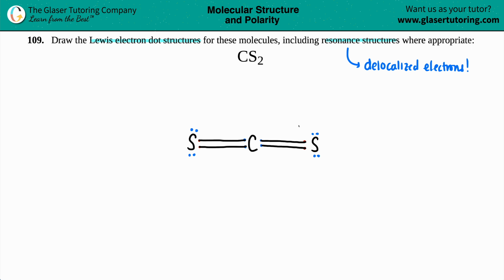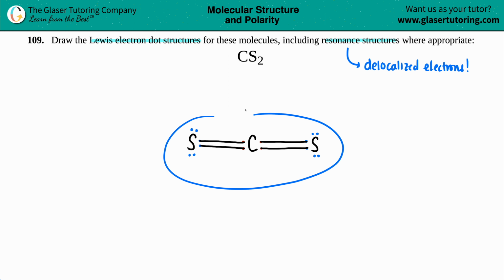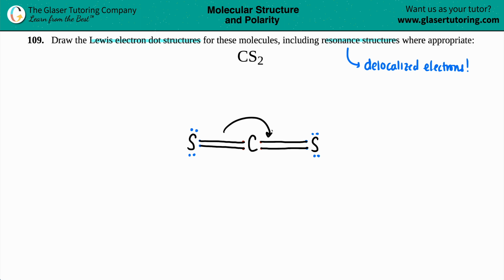You wouldn't know the difference. So for this one, since you have 2 double bonds with the sulfurs on the end, there are no delocalized electrons. They're just going to stay put with their atoms. It's easier to stay put than try to move, because it's the same thing. So it doesn't really matter.